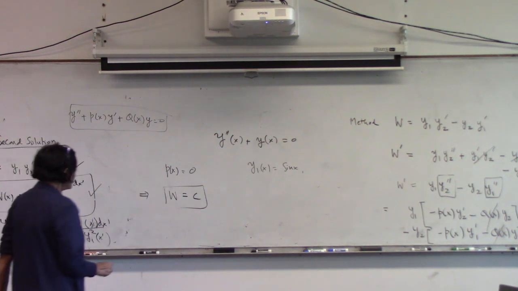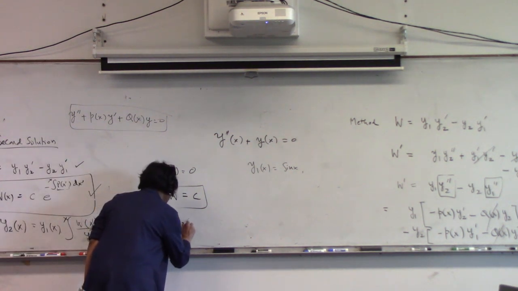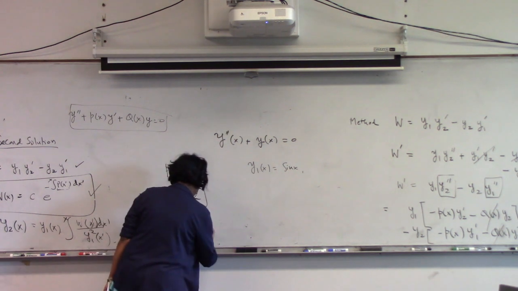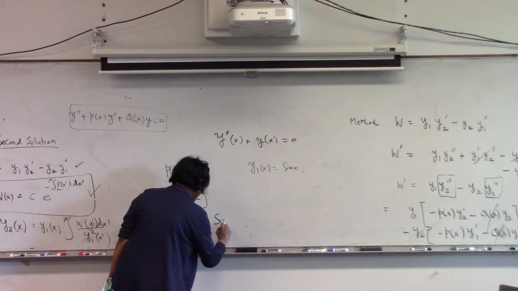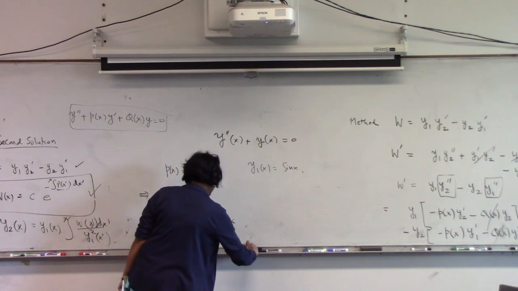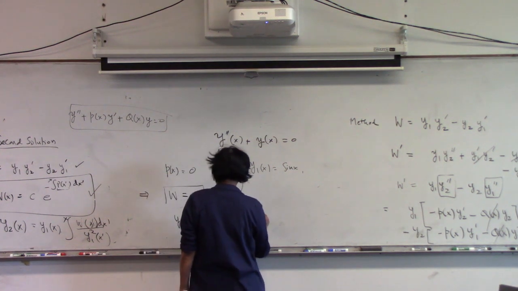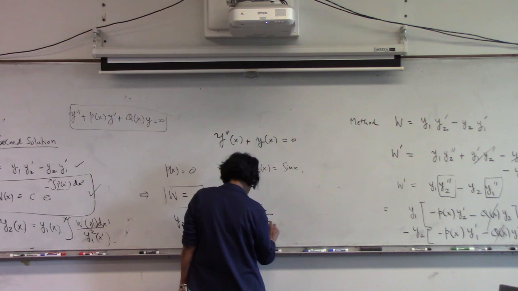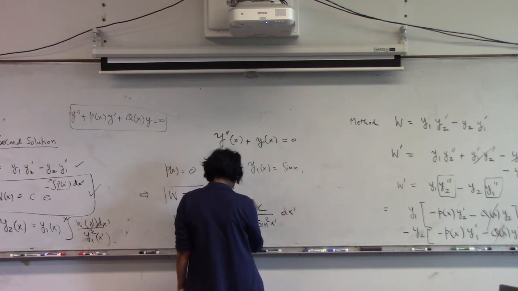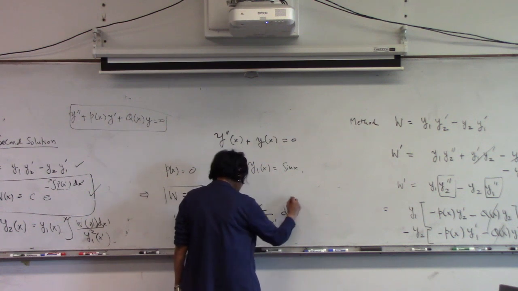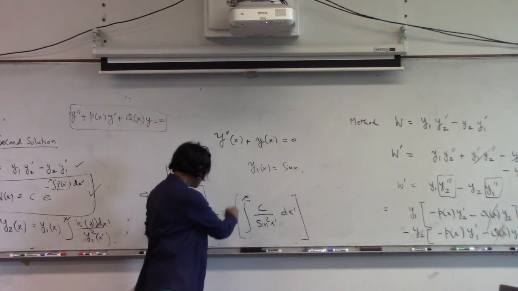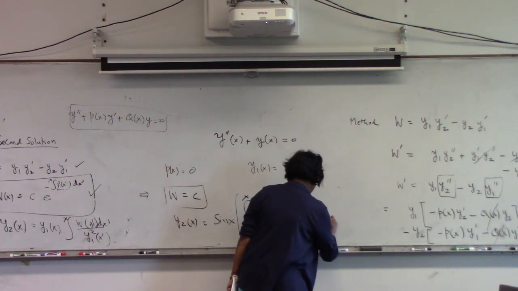So my second solution is simply the first solution, sine of x, times the integral of the Wronskian on top, which is a constant, divided by sine square of x prime dx prime. A constant can be pulled out, so it is c sine of x.